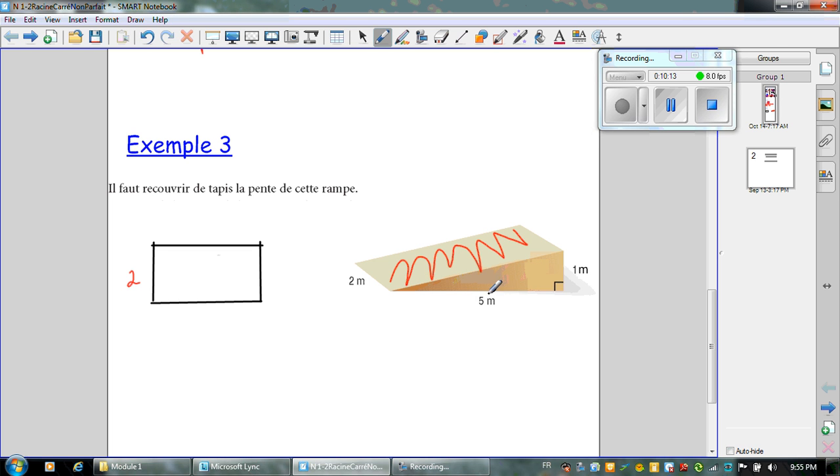But what I do have is a right triangle. So to find this side here, I'm going to use the Pythagorean theorem. This is a concept that you've seen in grade 8. The Pythagorean theorem states that the hypotenuse, which is the longest side, usually called c squared, is equal to the two other sides squared.